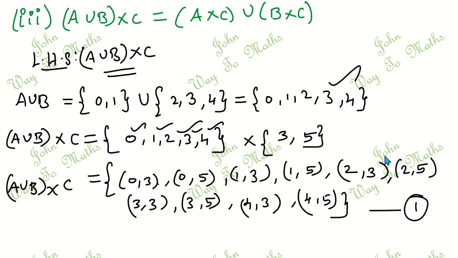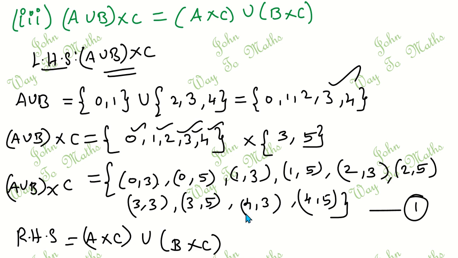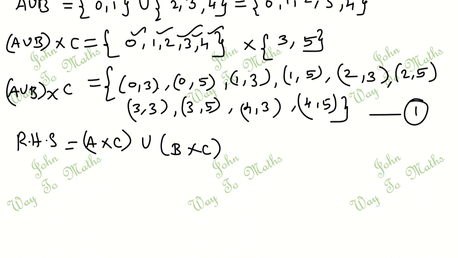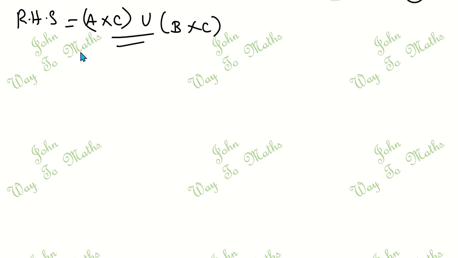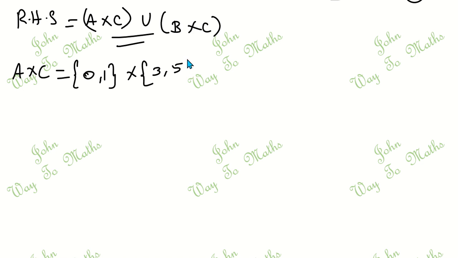So next I'm going to find RHS, which is equal to A cross C union B cross C. So next I'm going to find A cross C. So the A set becomes 0 comma 1 cross the C set 3 comma 5.